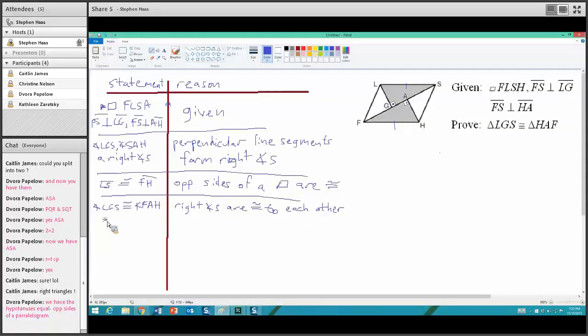Now we've got a side and an angle. Now what do we need? Well, we either need an angle or we need another side. I don't see a way to get the sides so quickly, but I do see a way to get another angle. Anybody see another way to get an angle?